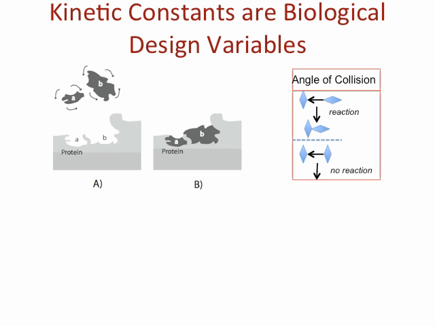Next, we will talk about the origin of the numerical value of the kinetic constant. Shown on this slide is the surface of a protein with binding sites for two molecules, A and B. After they are bound to the protein, they are found in a particular relative spatial orientation.